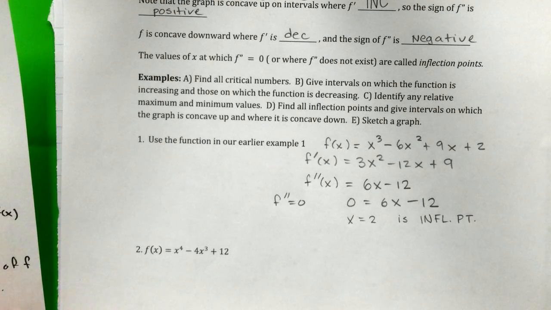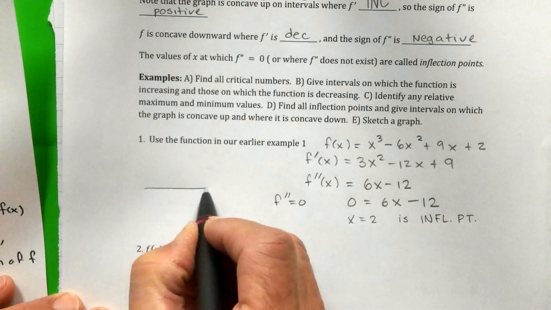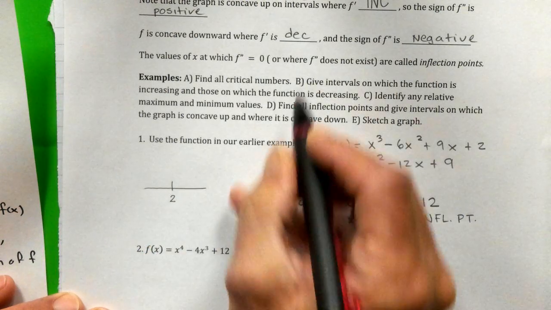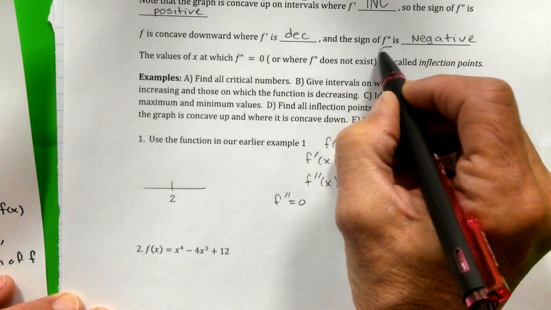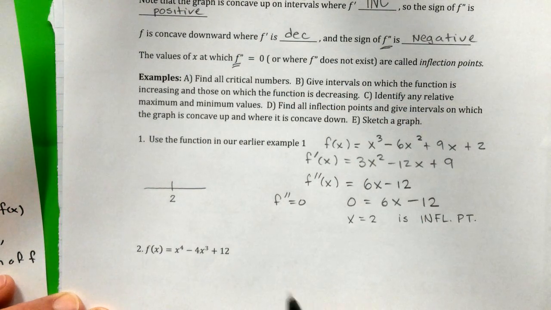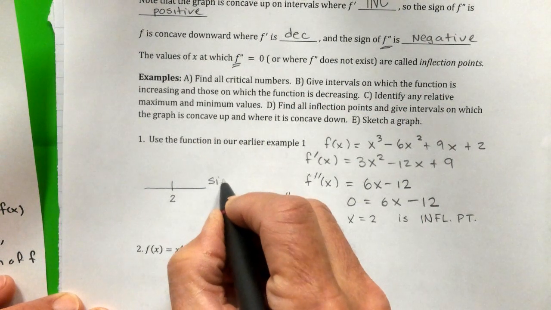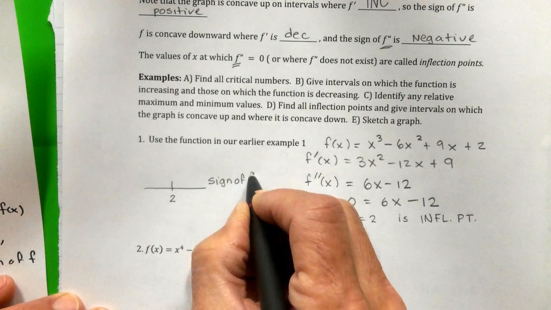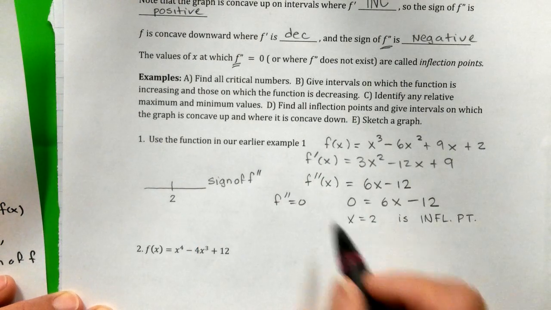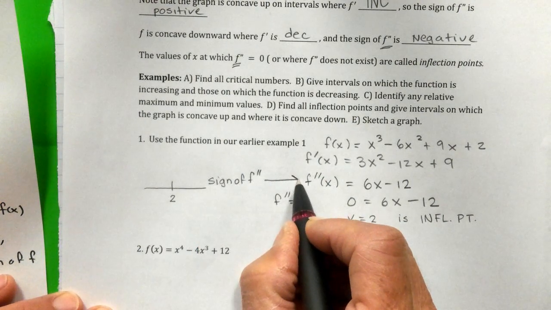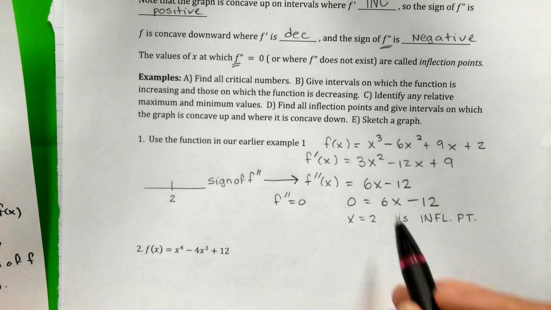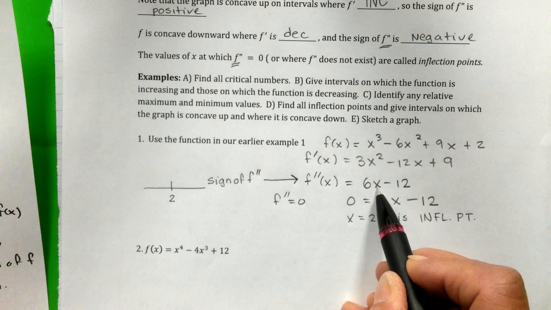And what we're going to do now is make a number line with our inflection point on it, but this time we're going to check the sign of the second derivative. So here's my second derivative right here. Pick a number smaller than 2 and plug it in for x.